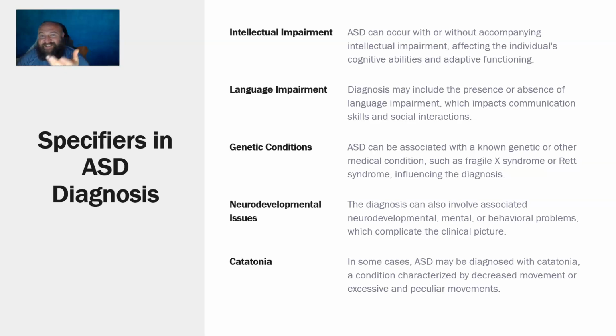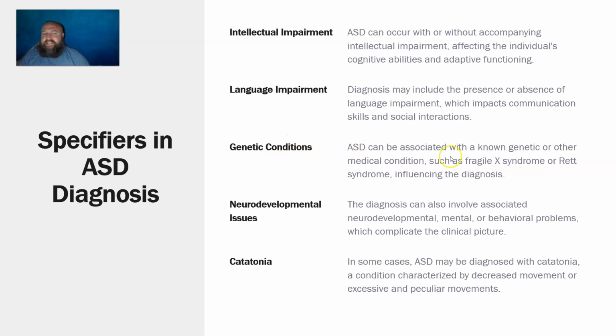It's kind of a stigmatized term, intellectually impaired, but that is the term used in the DSM. So that's why I'm using it here. Language impairment. Diagnosis may include the presence or absence of language impairment, which impacts communication skills and social interactions. My experience is that usually language impairment is where it's significantly delayed, where, say, a child is basically non-communicative at 3 or 4. It's usually for children who are non-communicative.